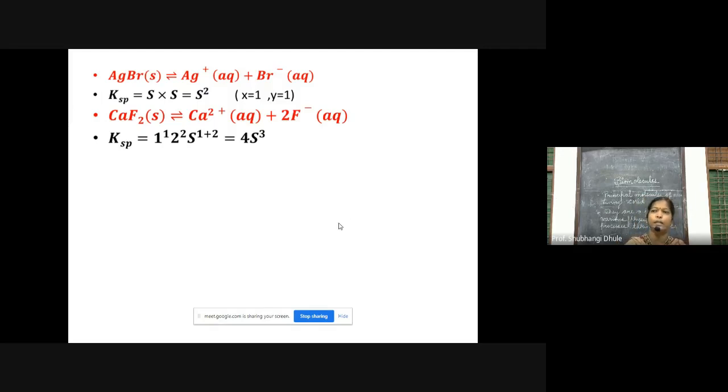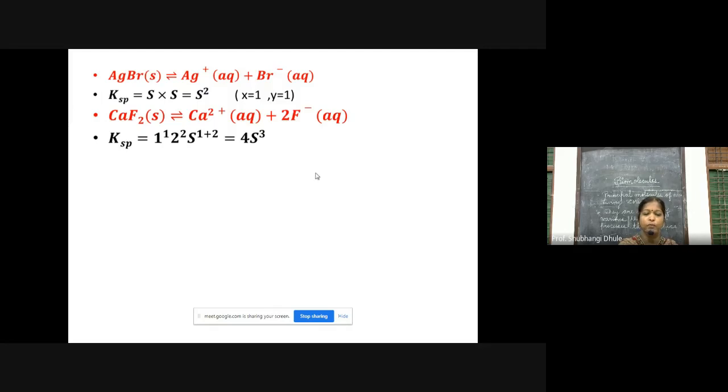So instead of writing x raised to 1, y raised to 1, and S raised to 1 plus 1, simplified it becomes S raised to 2. So Ksp for the simple types of salt like AgBr, in terms of solubility, is S squared.